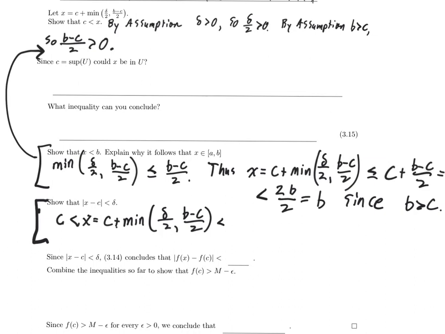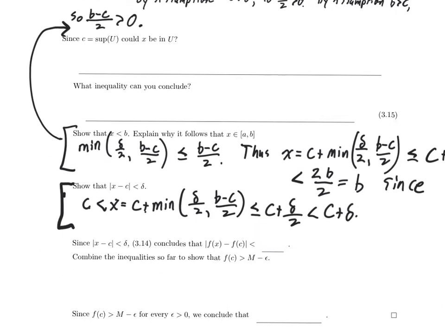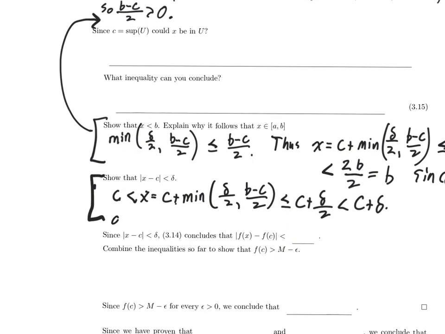That, in turn, is less than or equal to c plus delta over 2, which is less than c plus delta. So as c is less than x is less than c plus delta, it follows that the absolute value of x minus c is less than delta.